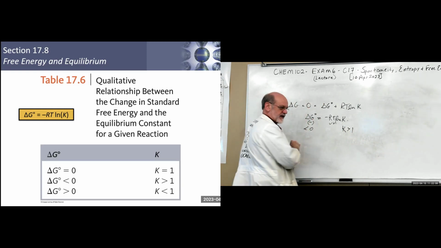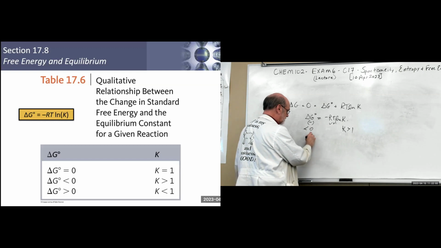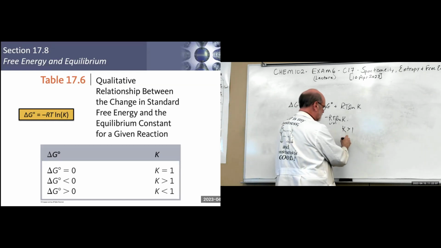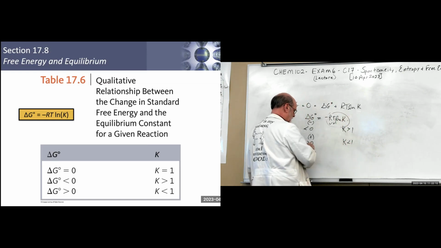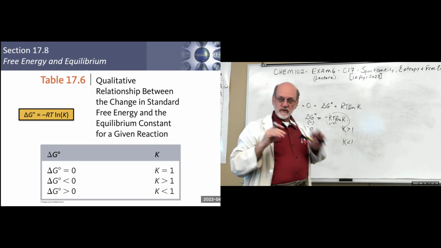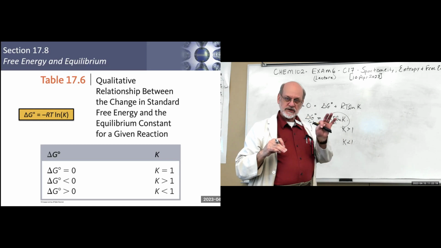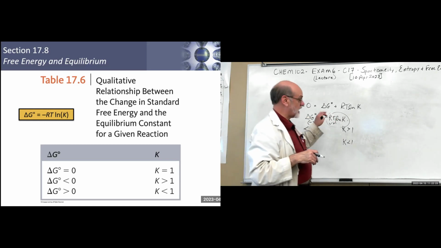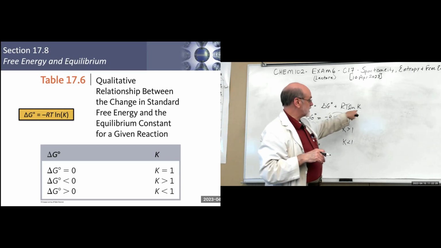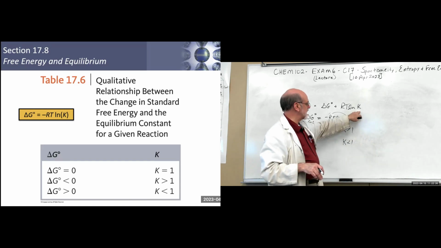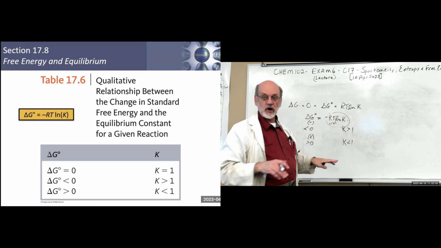If delta G is positive, or greater than 0, then K must be less than 1 in order to make this entire term greater than 0. So those are the relationships between delta G0 and K. And remember, this is under equilibrium conditions. If that's a Q, then all bets are off. It has to be K in order for these relationships to hold.